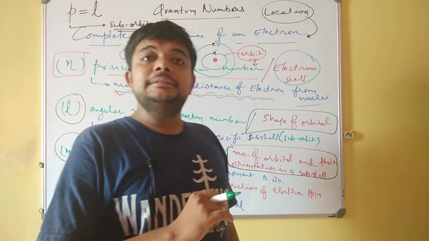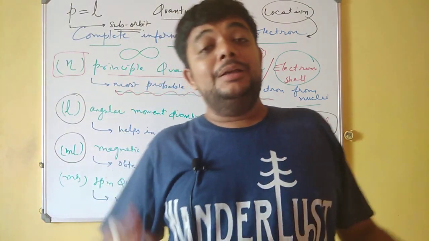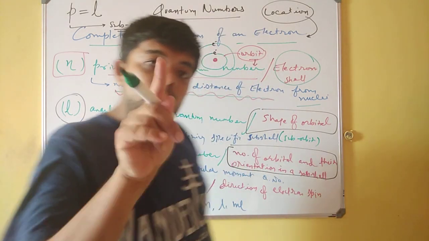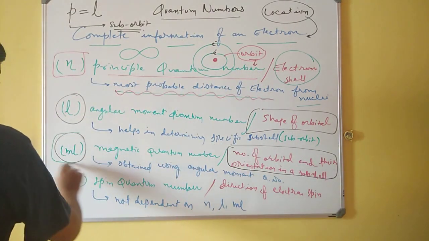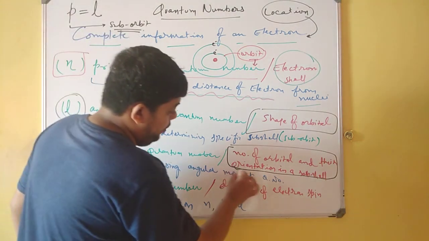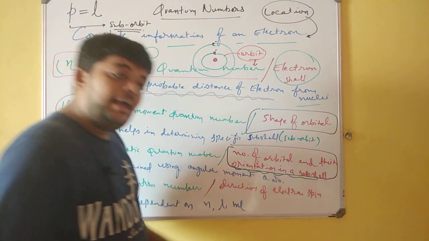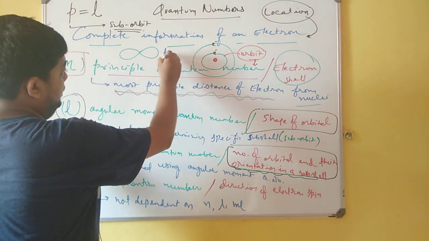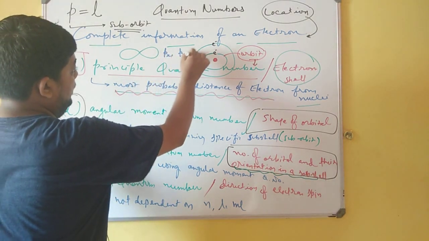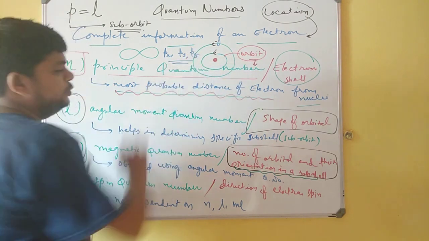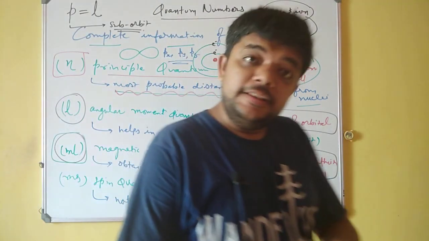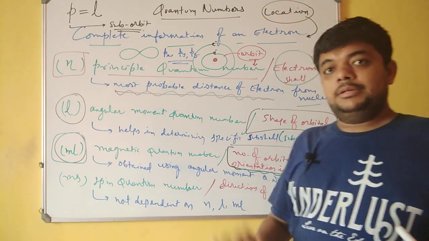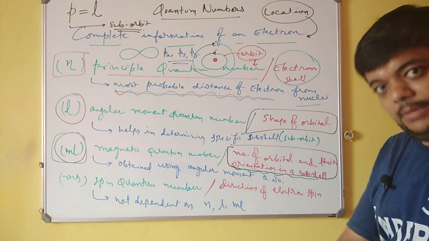Whether on the x-axis, the y-axis, or the z-axis, that can only be determined when you have the values of Ml, that is the orientation in a subshell, and only then can we conclude px, py, pz. So this is the very basic difference between a suborbit, subshell, and orbital. Keep this in mind.